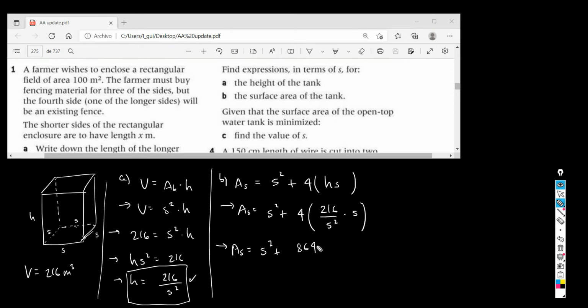I think it's 864. I'm going to confirm in a moment, but yeah, it's correct: 864 over S. And that's it. I have accomplished the solution to letter B, which is writing an expression for the surface area of the tank in terms of S. As you can see, everything here is in terms of S.